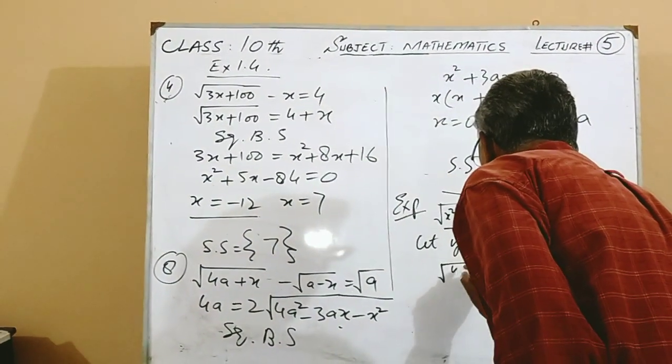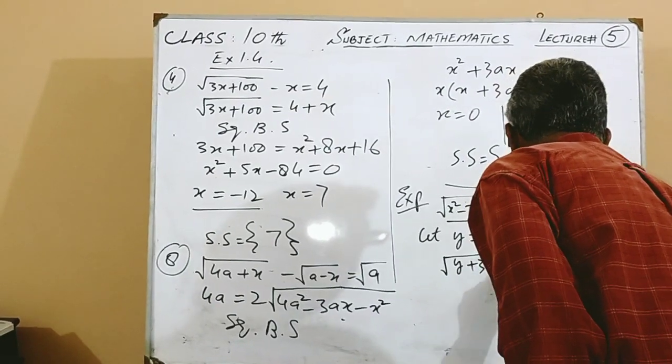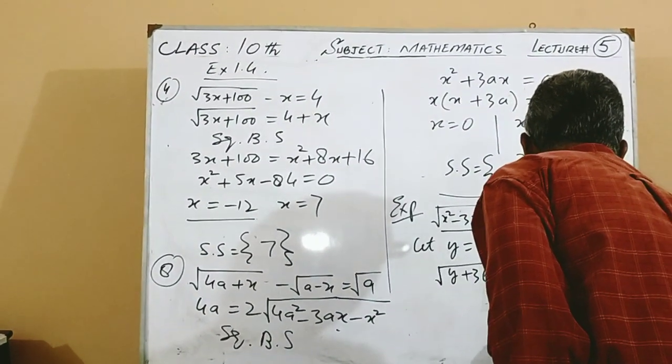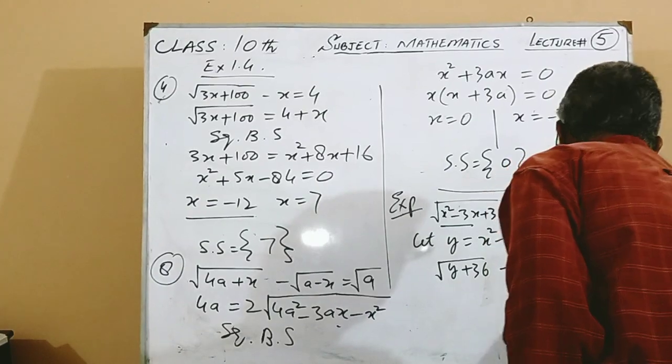So you will get square root of y plus 36 minus square root of y plus 9, this is equal to 3.